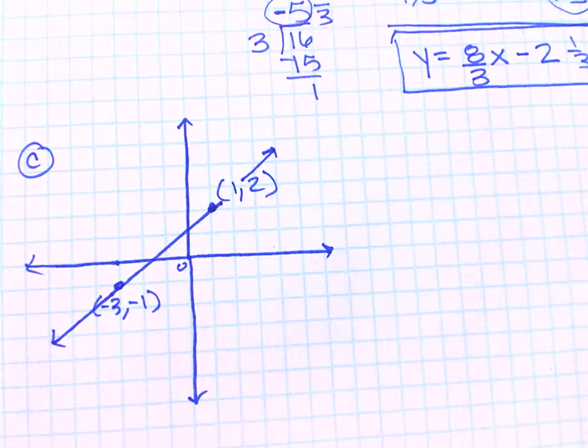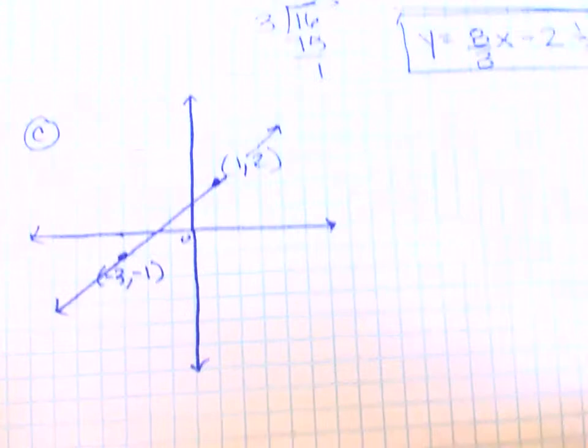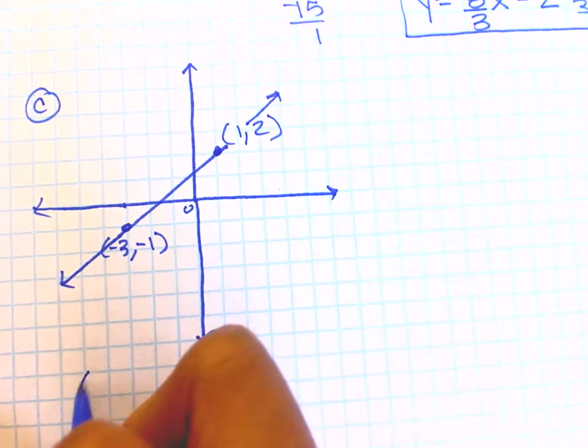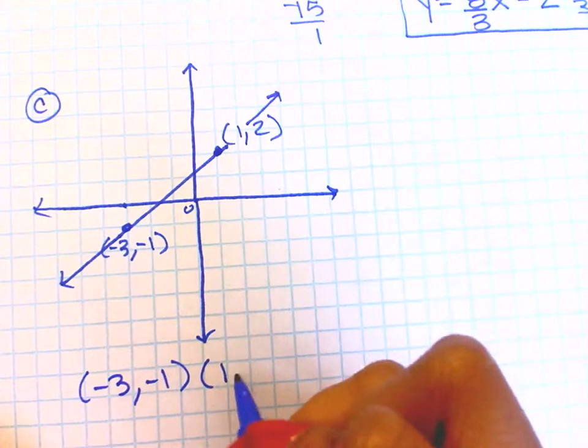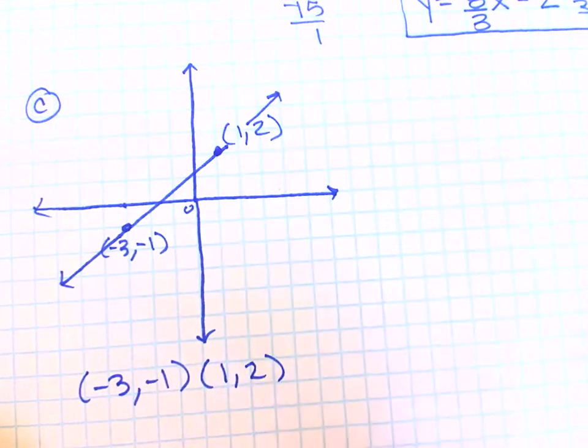Well, I'm going to have to figure out 3 things. The 2 points and the slope to be able to put it into slope-intercept form. And then convert it. Okay, well, I know that I have -3, -1. And I have 1, 2.